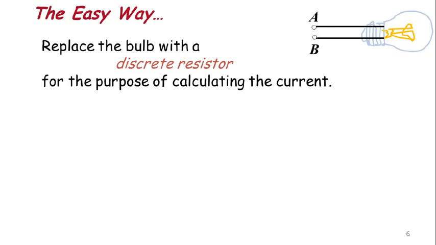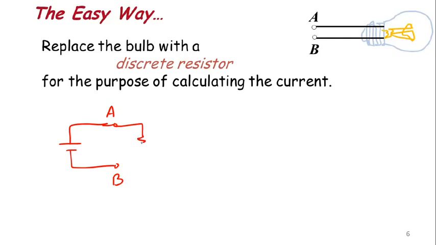As I said, we'll replace the bulb with a discrete resistor for the purpose of computing the current. Let me draw a little picture. Here's my representation for the battery. Here are my two points, A and B, representing the two terminals of the bulb.